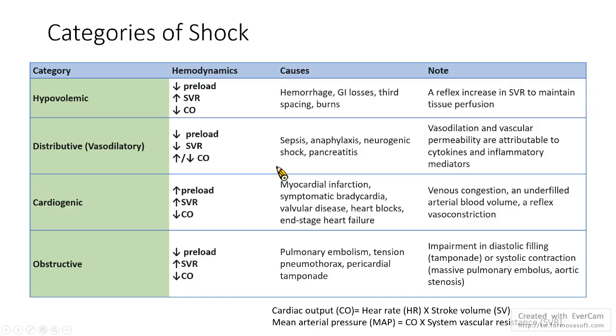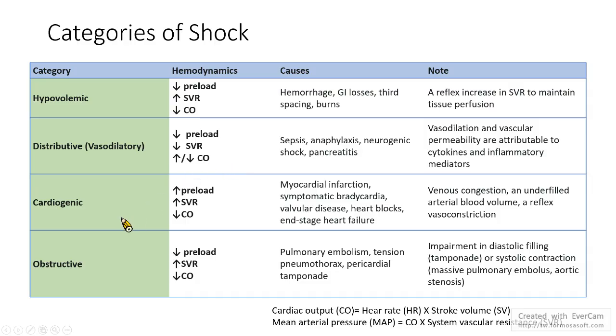Therefore, in the distributive shock status, the vasodilatation and the vascular permeability are increased, attributed to cytokines and inflammatory mediators. So it's quite important to increase the systemic venous resistance as part of the management strategy. And also the main focus is to try to fix the cause of the problem, which is to manage the inflammation process.